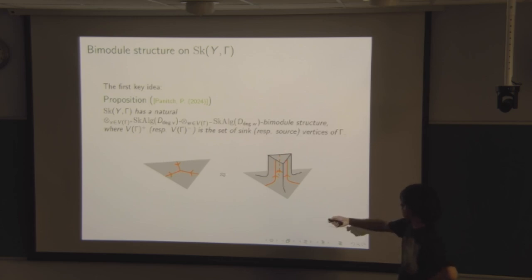And this is true for each vertex of the boundary marking. So that makes the stated skein module of our boundary marked three-manifold a bimodule. It's a left module over the tensor products of all the stated skein algebras of polygons, one for each sink vertex. Right module over the same tensor products over polygons, one for each source vertex. Yeah, so we can think of the stated skein module as a bimodule over big tensor products of skein algebras.